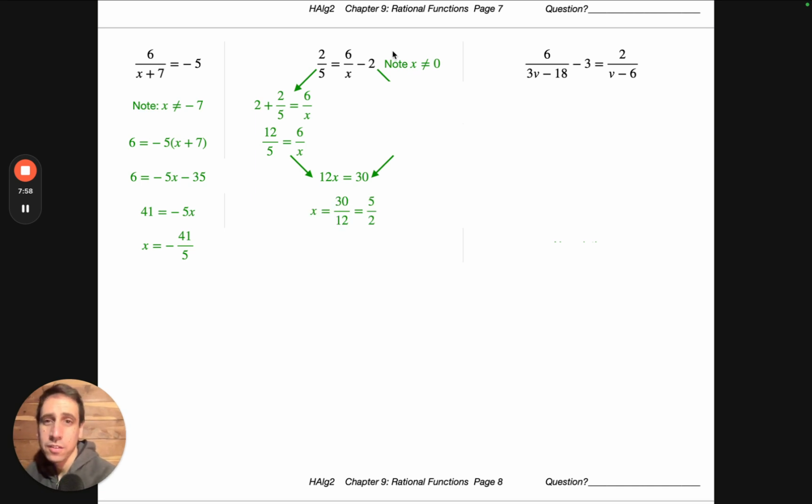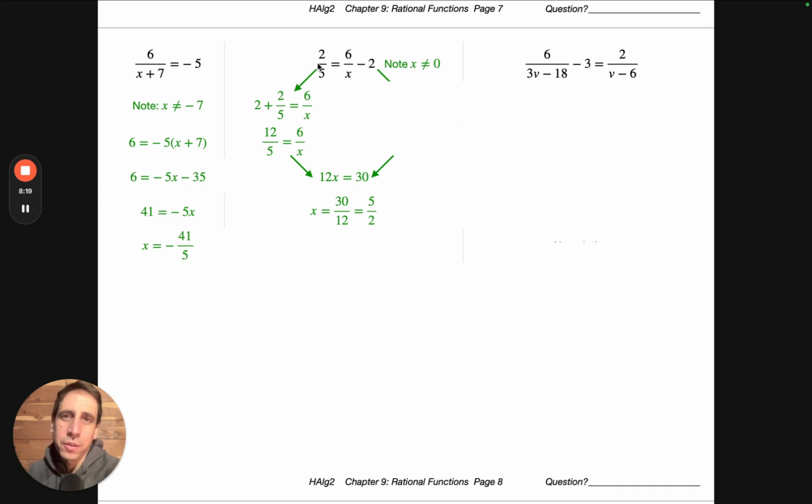And then x is equal to eventually 5/2. So that's one technique you can use if you're able to get back down to a fraction equals a fraction. Notice it would require that this term and this term be like terms, and they are.